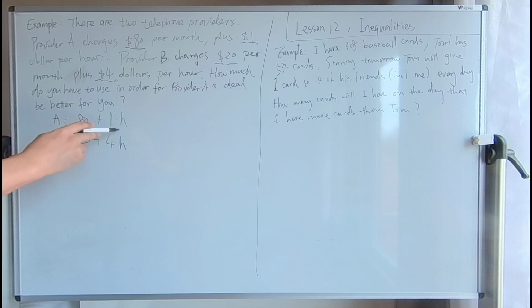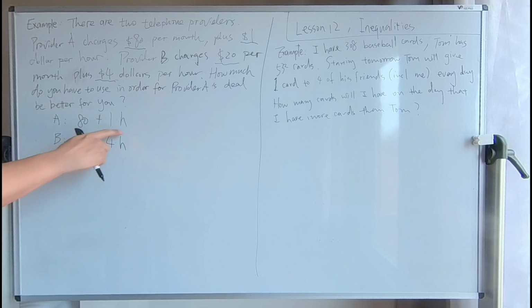But the more hours I talk, like in an extreme case, if I talk 100 hours, then provider B will charge me 400 something, but provider A is only going to charge me 100 something. But I want to find the exact number of hours at which the cost from provider A is better than B.